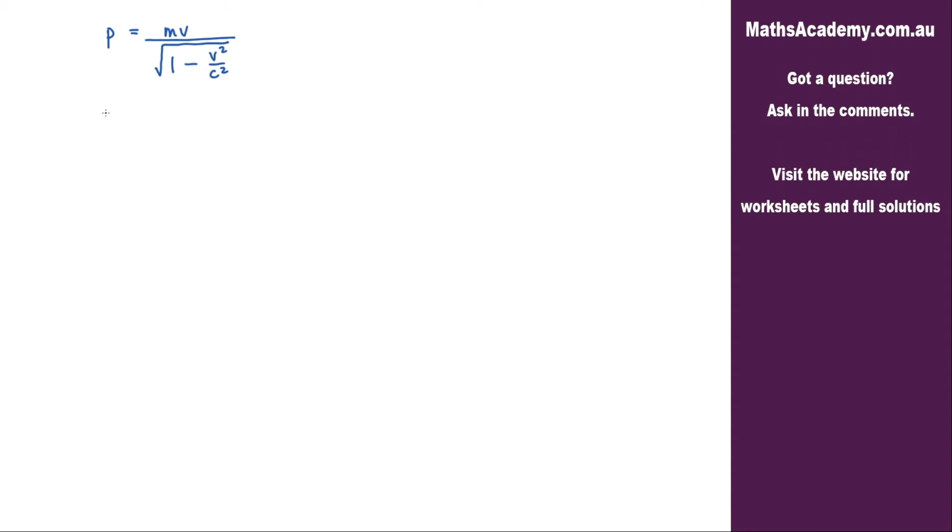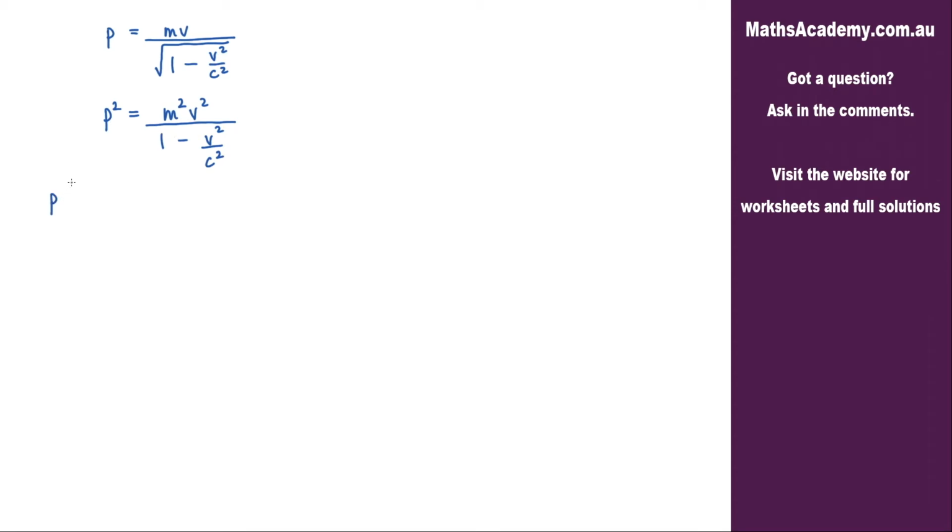So I'll get p squared is equal to m squared v squared, and that is all over 1 minus v squared over c squared. I'm now going to eliminate this denominator here by multiplying both sides by that.